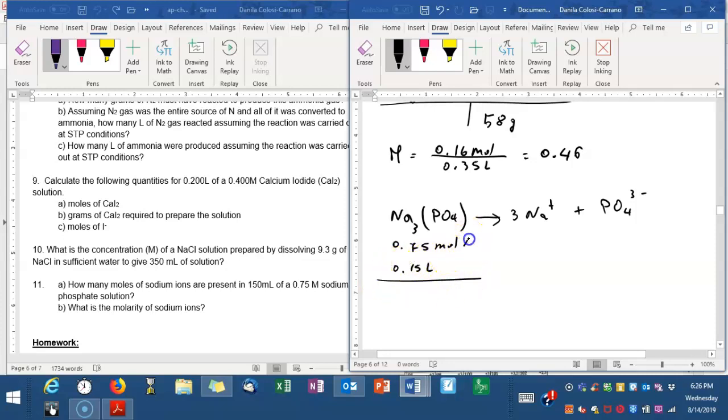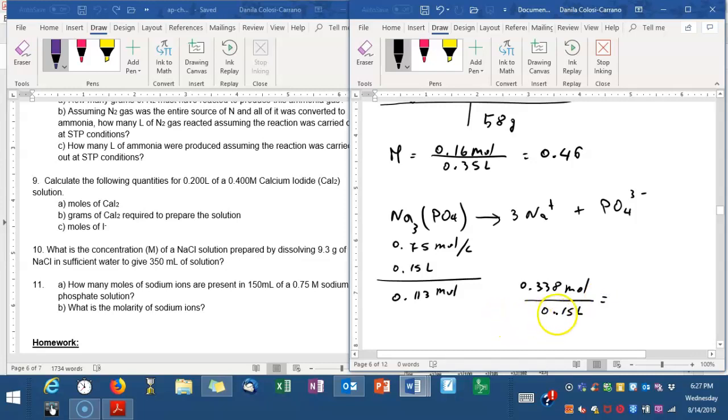So if you multiply those two, 0.75 times 0.15, you have 0.113 moles, which means this one times 3 is going to be 0.338 moles of sodium. And then what's the molarity of this? Well, moles per liter, so we have to divide this one by 0.15 liters.